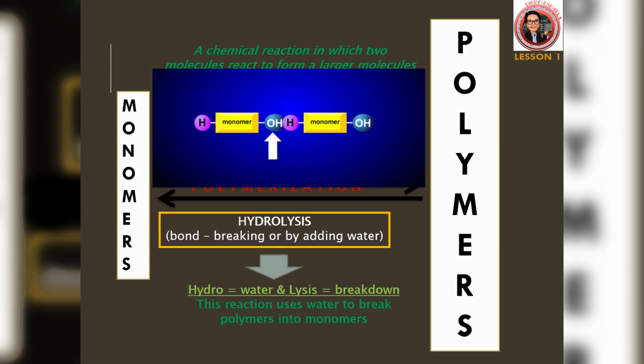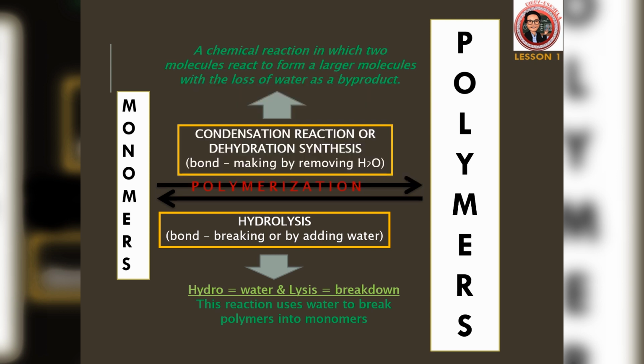Ibig sabihin, by adding water, a complex molecule or polymer will be broken down into simpler molecules or monomers. So tandaan, if yan ay from monomer to polymers, ang dehydration synthesis ang responsible process. And from polymer to a monomer, hydrolysis naman ang involved process.